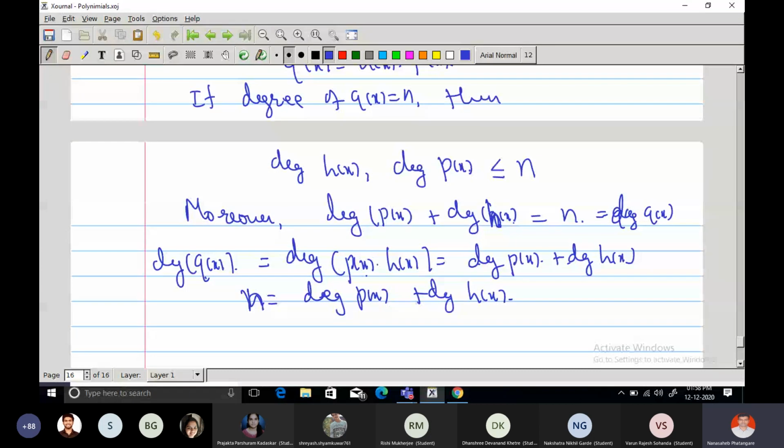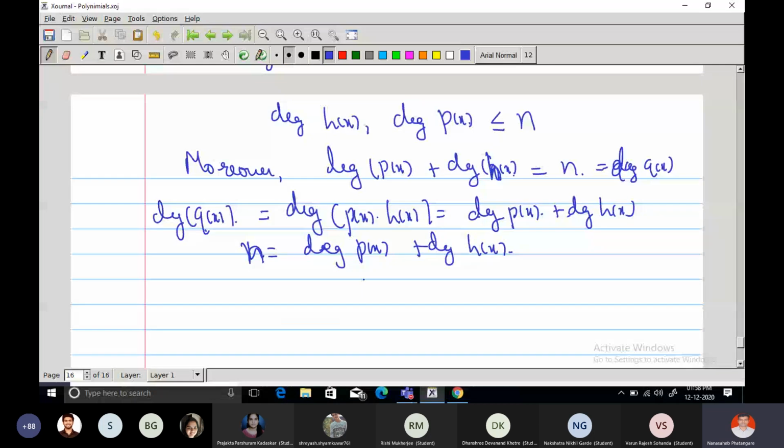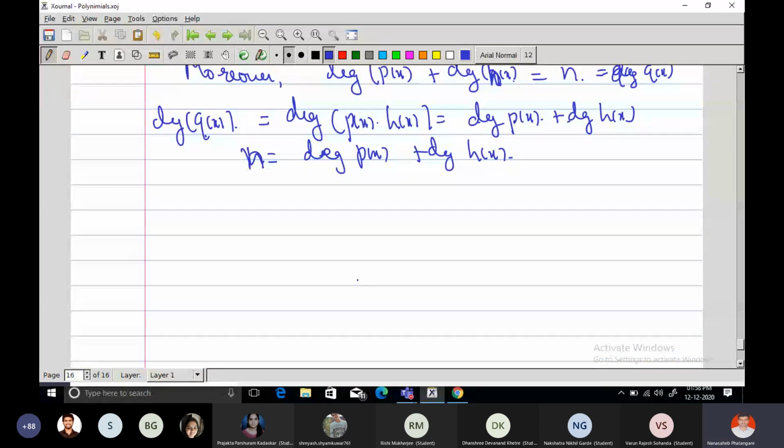So let f(x) be equal to x squared minus 2 and g(x) equal to x cubed minus 5x squared plus 6x plus 7.